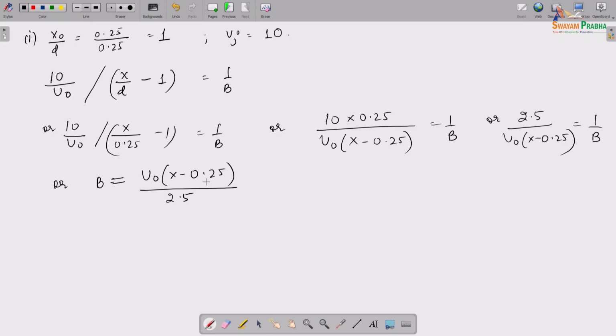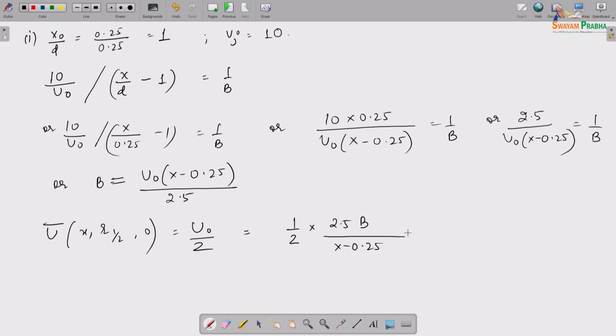Now again, u mean at r half 0 is u naught by 2. But we can get it from the b here. So in this case, u naught is 1 by 2 into 2.5 b by x minus 0.25, and b, like I said earlier, is 6.